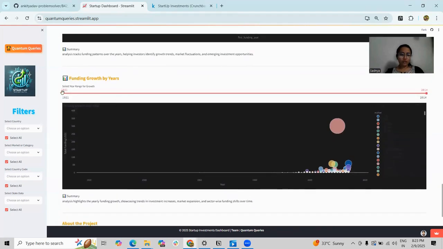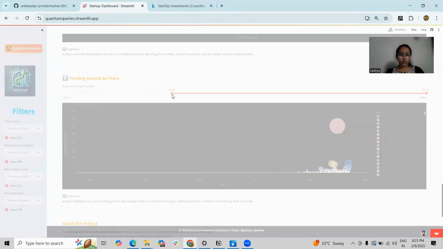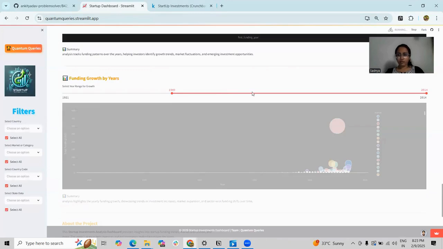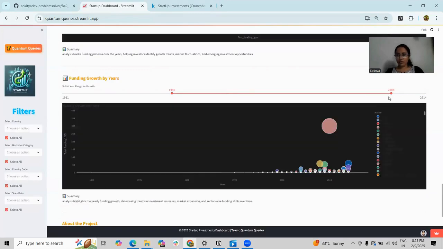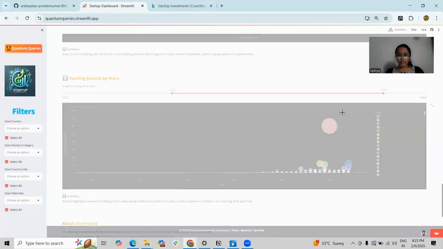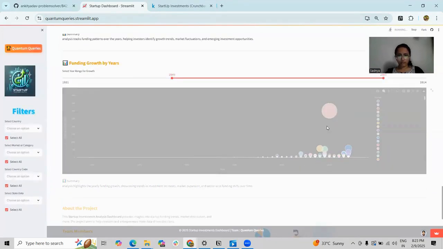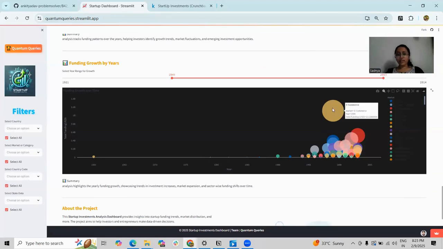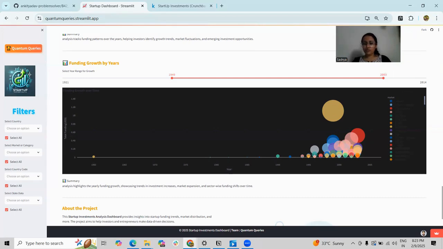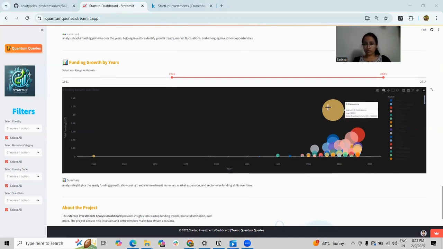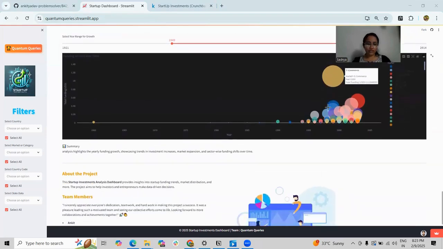So here also, if I want to check the market funding growth from 1949 to 2003, we can see that the e-commerce sector has the most funding in that particular span of years. From 1949 to 2003, the most funding was raised for the e-commerce sector.